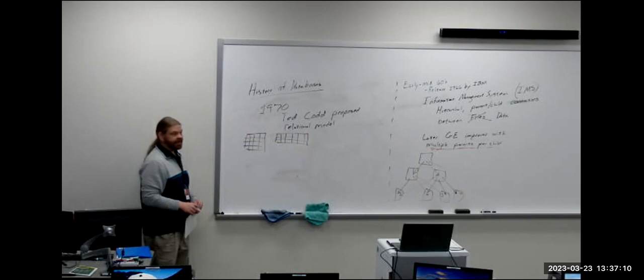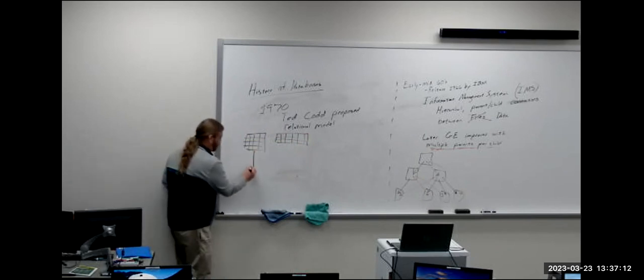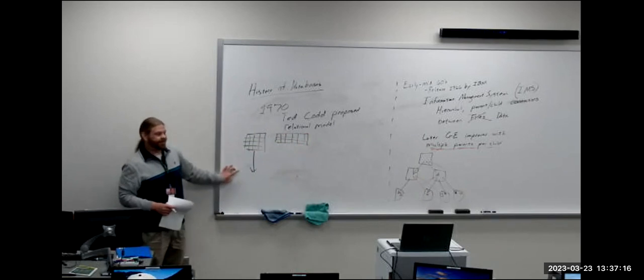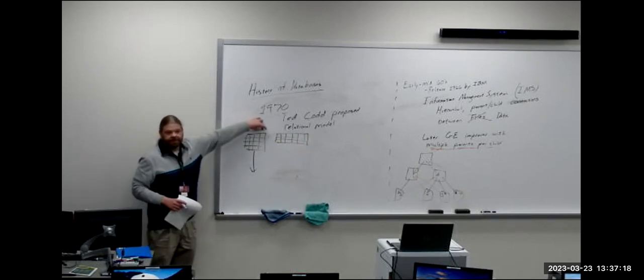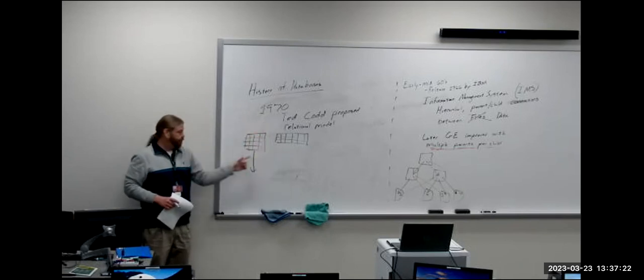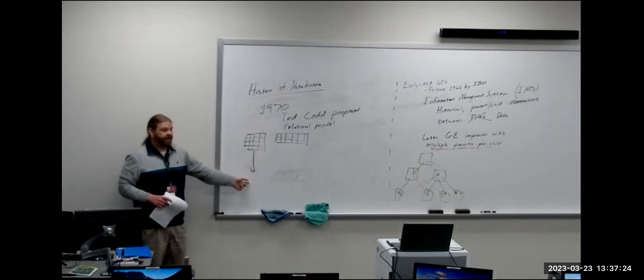Tables scale vertically. Right? We can add rows to that table all day long. We're not adding any more columns, not defining new columns. So if we're just adding more records, we can do that all day long.